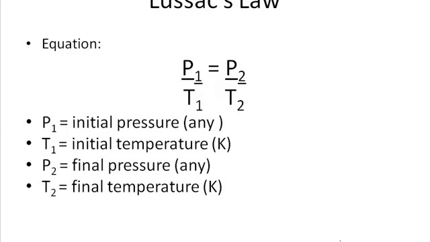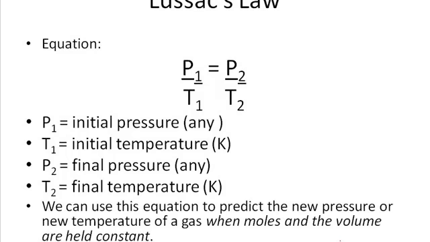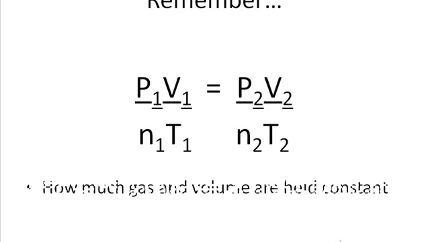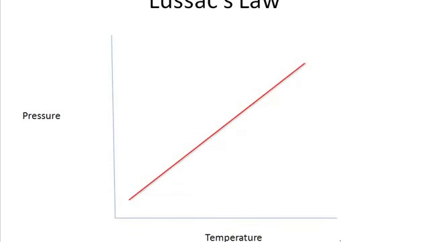Pressure can be in any unit as long as you're consistent with P1 and P2. Temperature has to be in Kelvin. Here's our equation again, and we're going to cross out moles and volume, and there's our P1 over T1 equals P2 over T2. As a graph, as temperature increases, so does pressure.